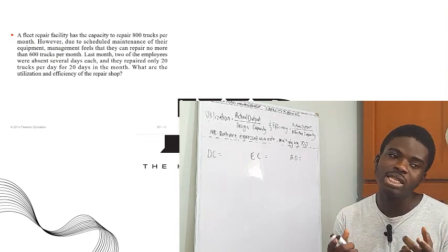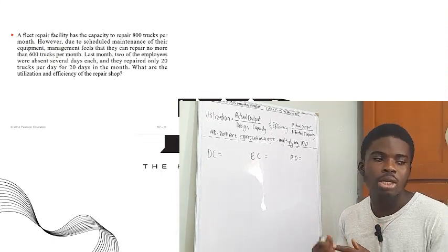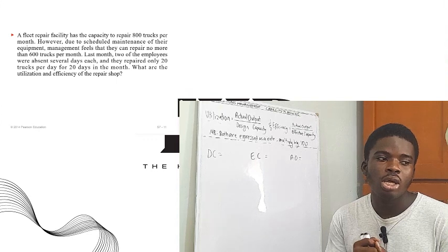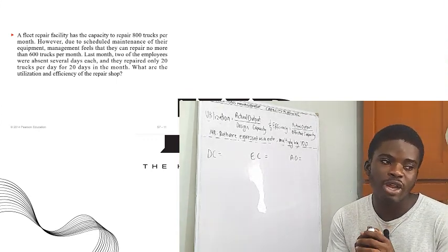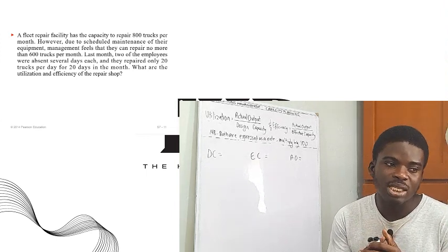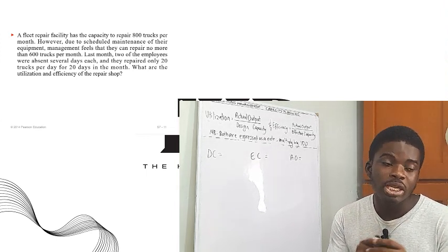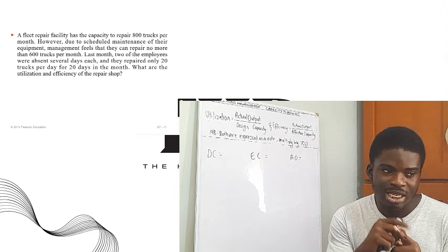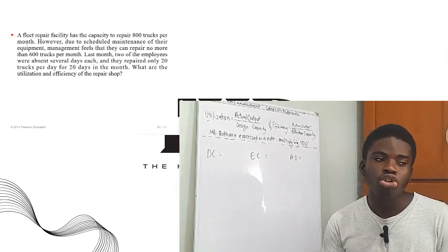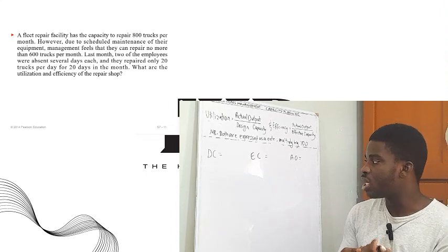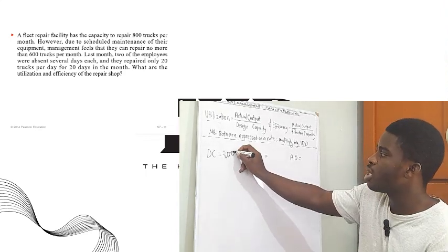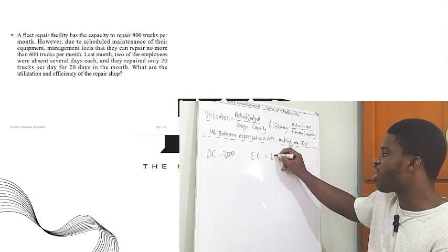So, is the 800 the effective capacity or the design capacity? However, due to scheduled maintenance of their equipment, management feels that they can repair no more than 600 trucks per month. So straight away, you should be able to identify that 800 is the design capacity, and 600 is the effective capacity.